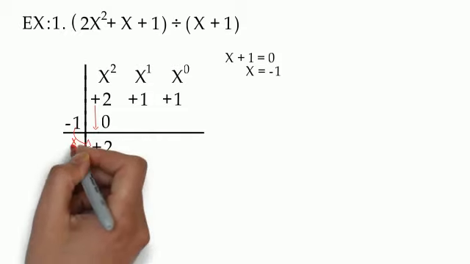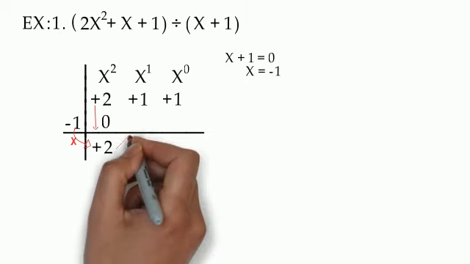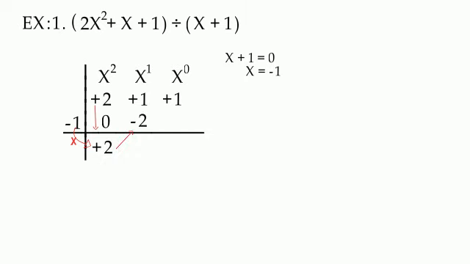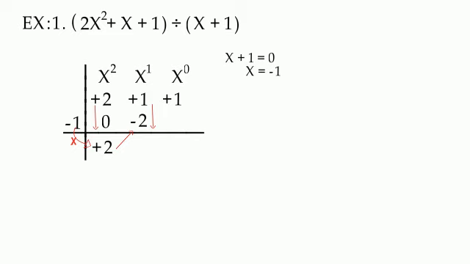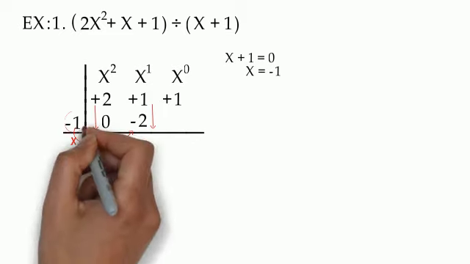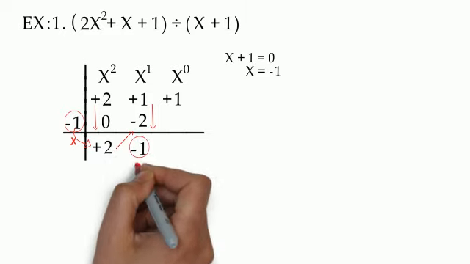Then we multiply -1 times +2 and write it here as -2. Then again we add these and write here as -1. Then we multiply these two and write here as +1.